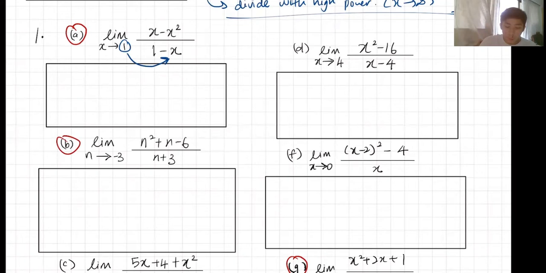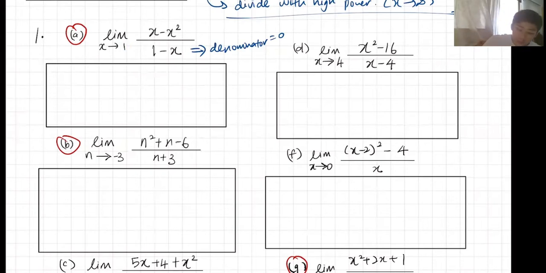When you substitute and see the denominator becomes 0, before you do anything, like factorize, you know that this is not correct. You've got to do something about it. And usually for this kind of case, you factorize, because it's not infinity.